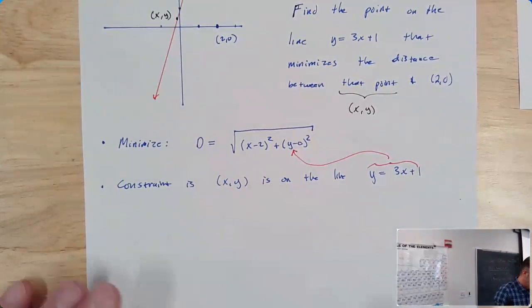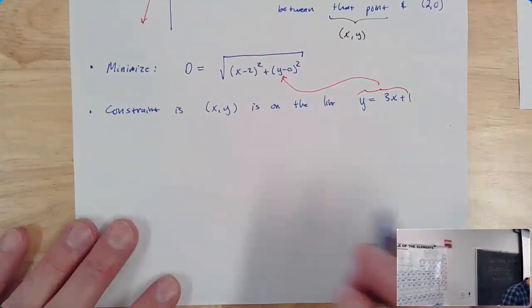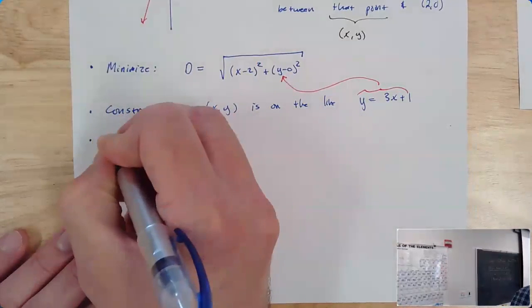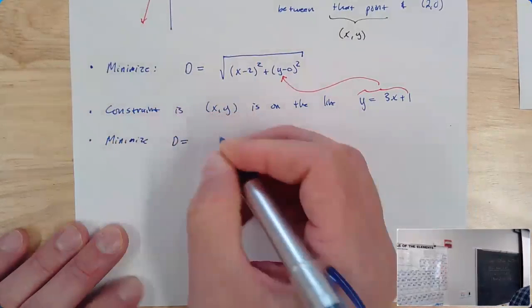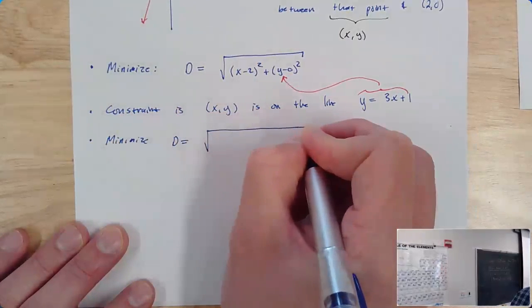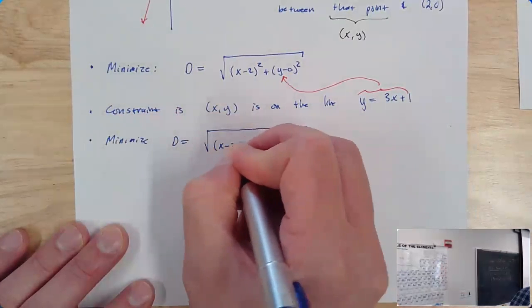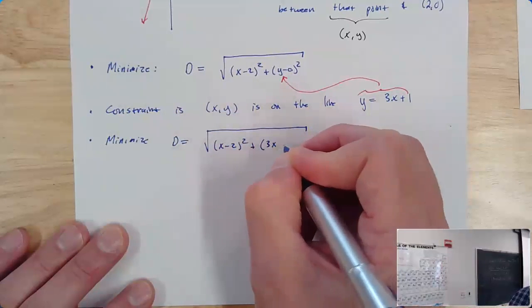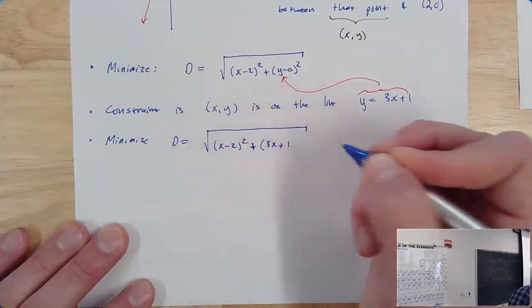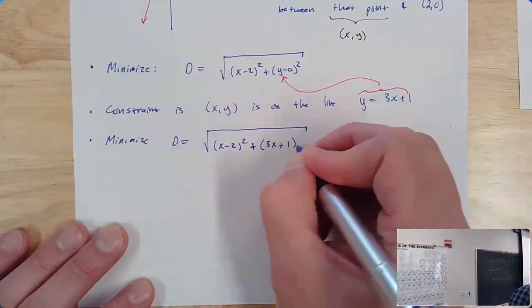So let's rewrite the thing we want to minimize. Now we're trying to minimize the distance equals the square root of (x minus 2) squared plus (3x plus 1) squared. I'm not going to write the minus 0 because 3x plus 1 minus 0 is 3x plus 1.